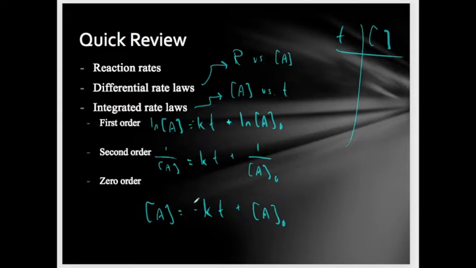And remember that you need to know just very generally half-lives. First order reactions have a constant half-life, right? Second order reactions have half-lives that get longer. No, I'm sorry, they get shorter, don't they?